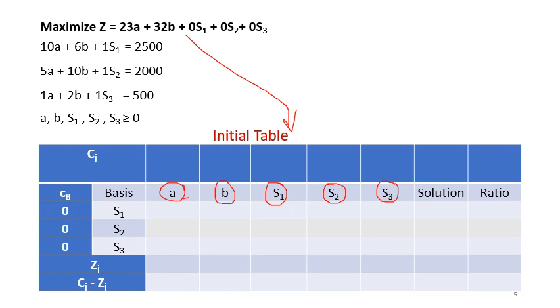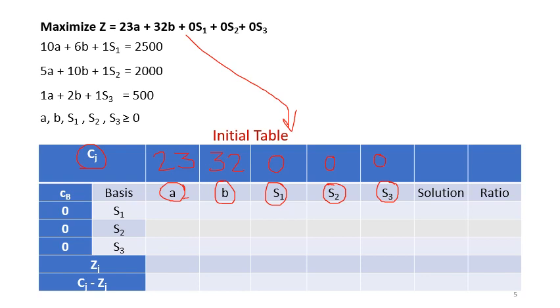But what is the coefficient that will be written under this Cj? This Cj is the coefficient of these variables a, b, s1, s2 and s3 in the objective function. So a has a coefficient of 23 in the objective function, b has a coefficient of 32, s1 has a coefficient of 0, s2 has a coefficient of 0 and s3 also has a coefficient of 0.